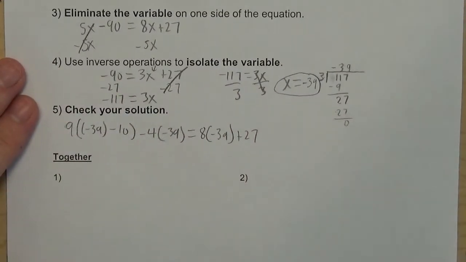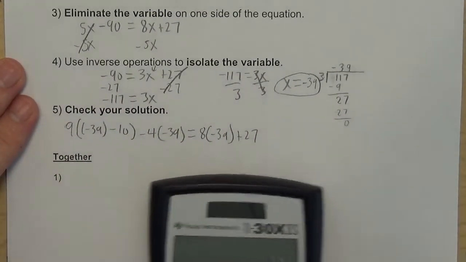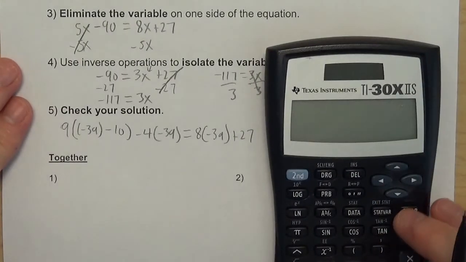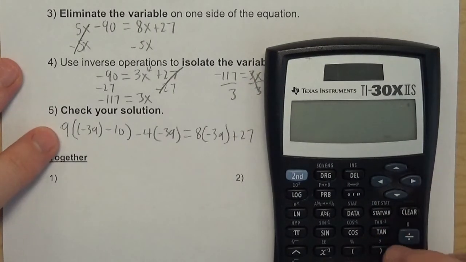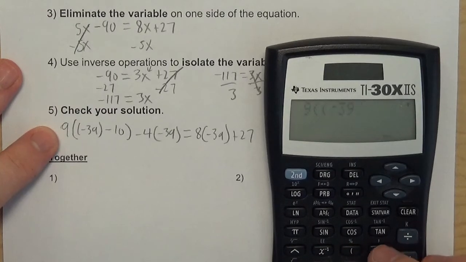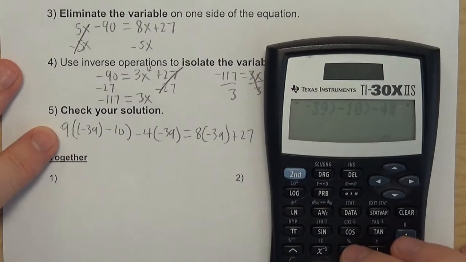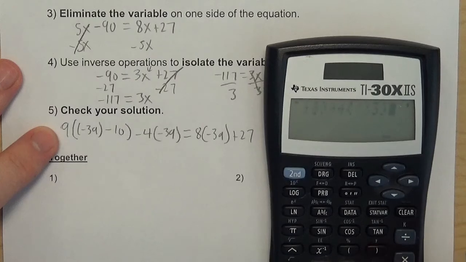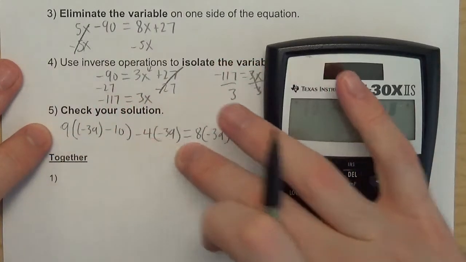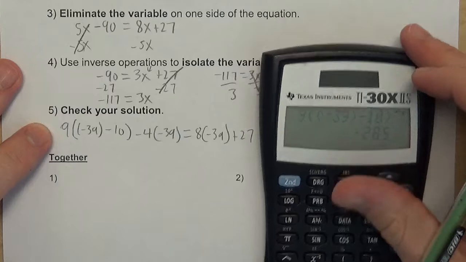Now I'm going to check to see if the two sides really do come out equal. So I'm going to type this in. 9, parenthesis, negative 39, parenthesis, minus 10, parenthesis, minus 4, parenthesis, negative 39, parenthesis. I just typed in everything I saw on this side, and I get negative 285.